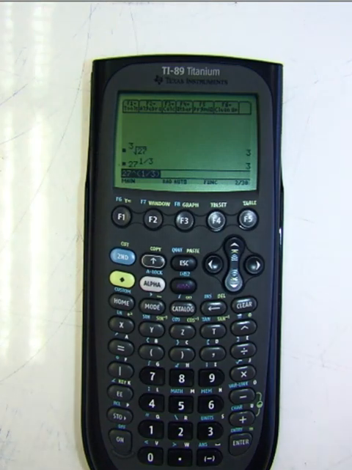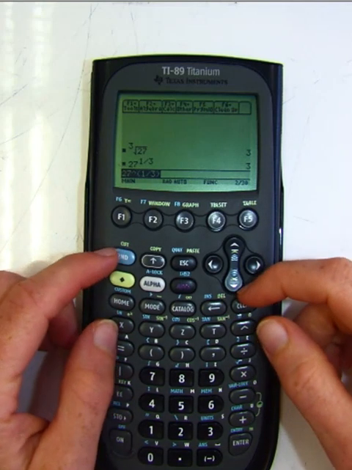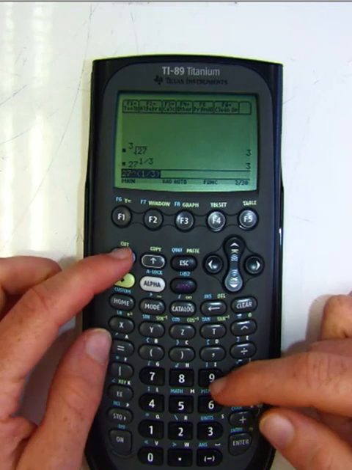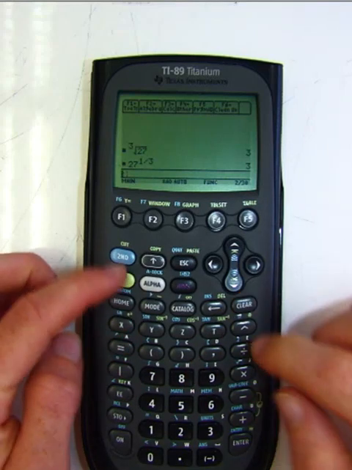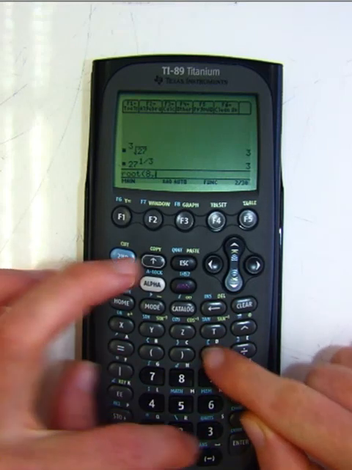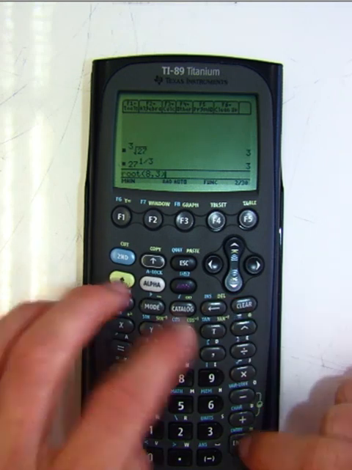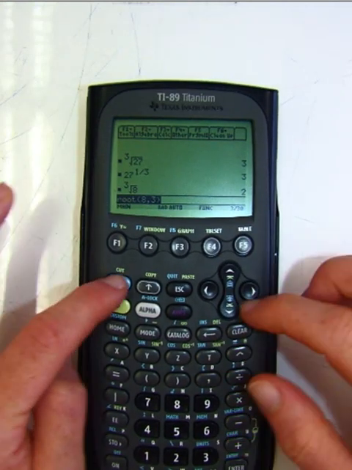So let's see here. If it's not a nice whole number, let's say that we're wanting to find the cube root of 8. So diamond 9, 8, comma 3. Wait, nope, that one works.